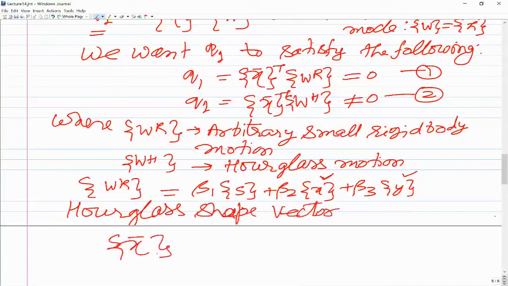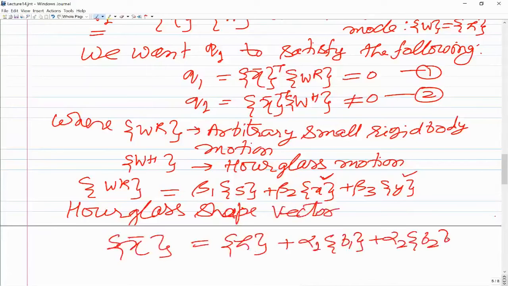gamma bar is taken as a combination of h. Obviously we have to have h because that is what we want to control, plus some constant alpha 1 times b1, and b1 and b2 we have already defined, and alpha 2 times b2.